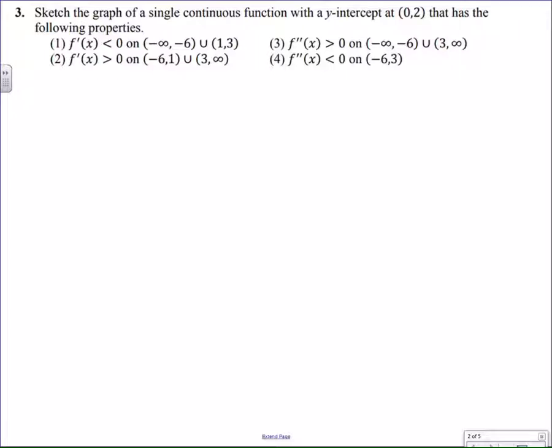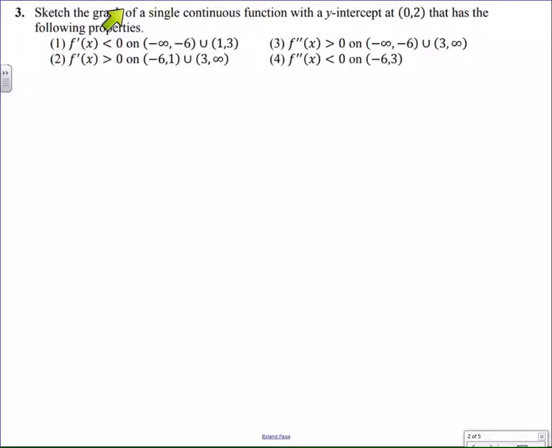Now, we can take information about a graph, whether it's decreasing, f prime of x is less than 0, increasing, f prime of x is greater than 0, concave up, or concave down. If you read this carefully, it says sketch the graph of a single continuous function. So each of these is a description of the same function, and we have to match all those characteristics.